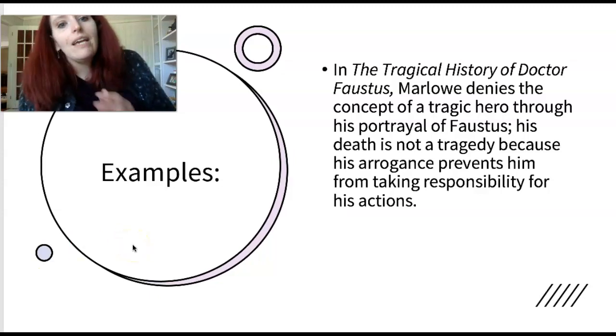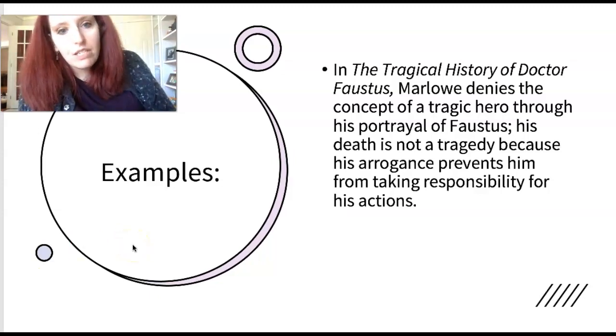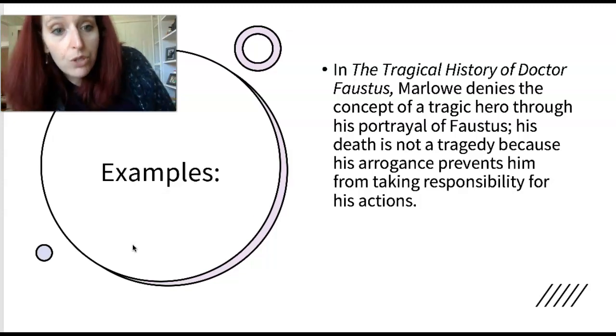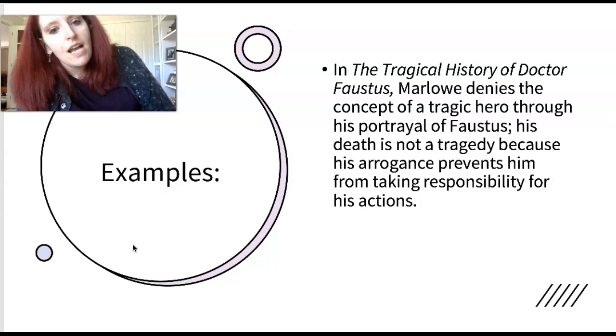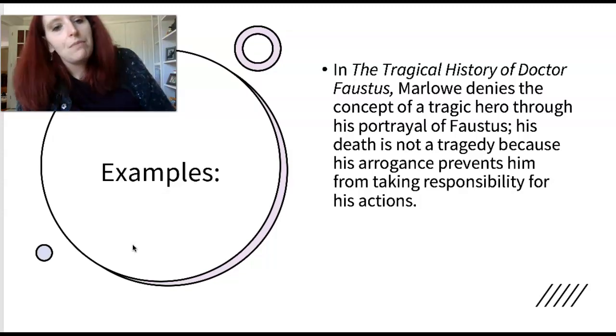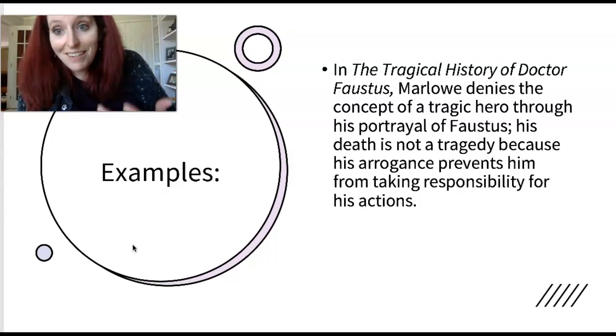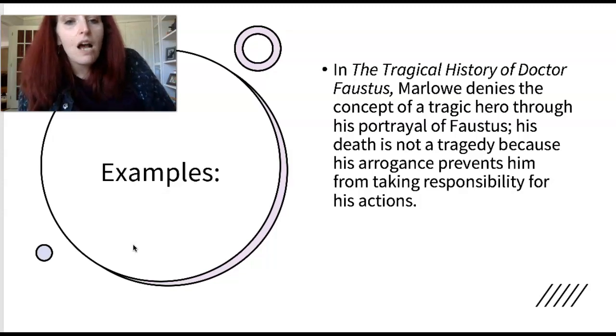Another example, in The Tragical History of Dr. Faustus, Marlowe denies the concept of a tragic hero through his portrayal of Faustus. His death is not a tragedy because his arrogance prevents him from taking responsibility for his actions. So here again, and this is a text that we will read, all of the texts from the examples are things that we are going to be reading in class.